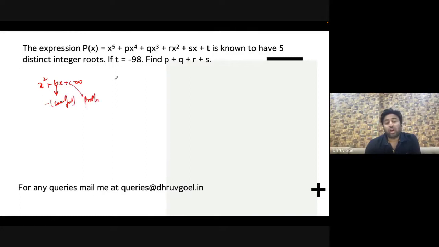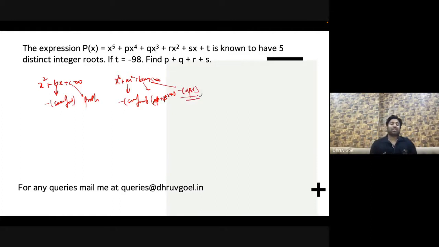If I have a third order equation, that is x cube plus ax square plus bx plus c equal to 0, a is nothing but minus of sum of roots. b is sum of product of two roots at a time. That means alpha beta, beta gamma plus gamma alpha. And c is minus of alpha beta gamma, that is product of roots.